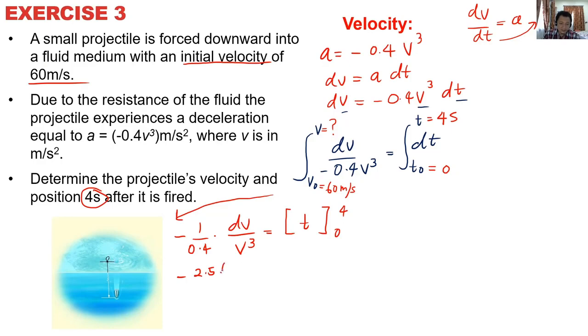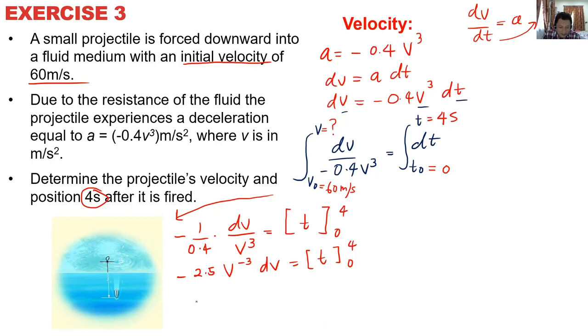This you can simplify a bit: it becomes v to the power negative 3 dv is equal to dt, which needs to be evaluated from 0 until 4.